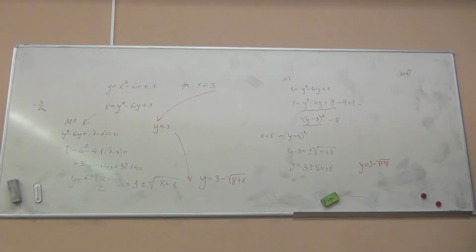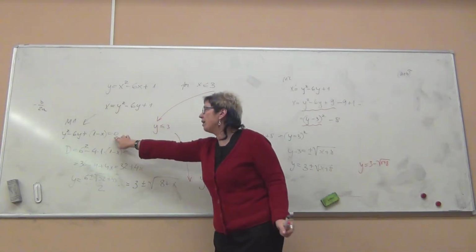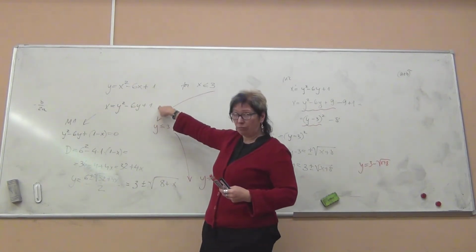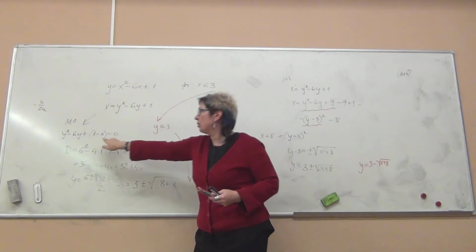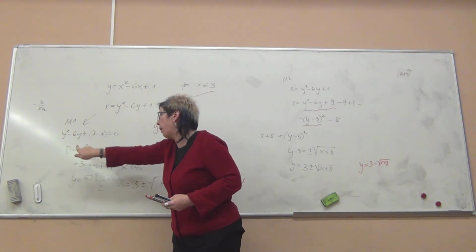So you may choose whichever method you prefer. You may solve it like a quadratic equation. Just remember to move x here. It's included in the constant term because we are solving the quadratic equation with respect to y.